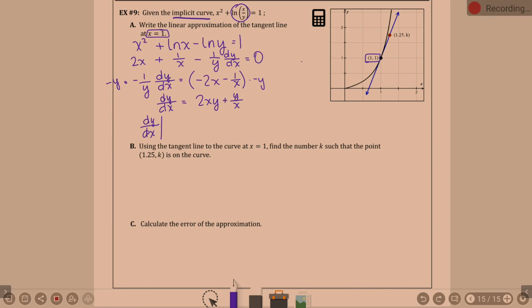So we're evaluating at the point 1, 1. So it's going to be 3. So L of x equals 3, parentheses x minus 1, plus 1.